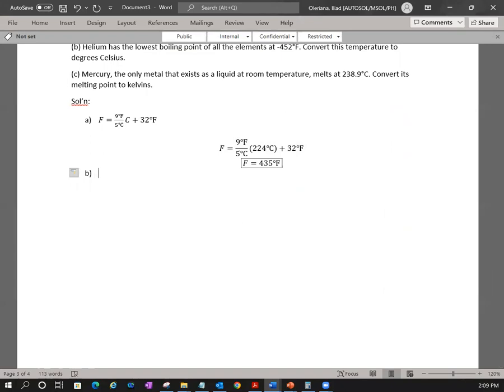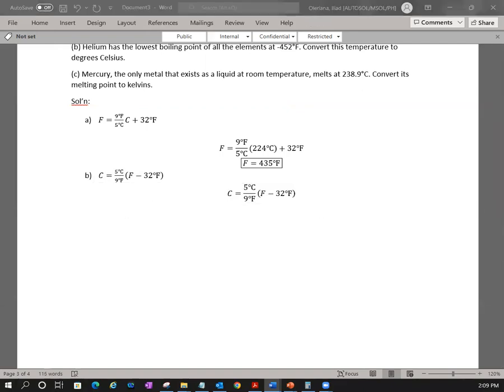Letter B. Paano naman ang letter B? Conversion to ng Fahrenheit to Celsius. So, ang gagamitin natin na conversion equation ay yung hinahanap natin yung Celsius. Okay, copy lang natin to dito para madali.